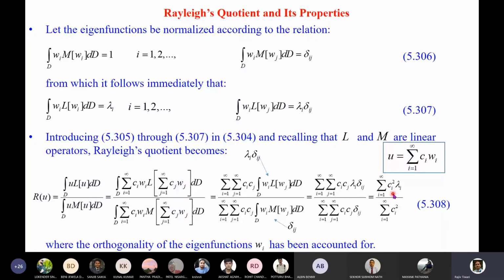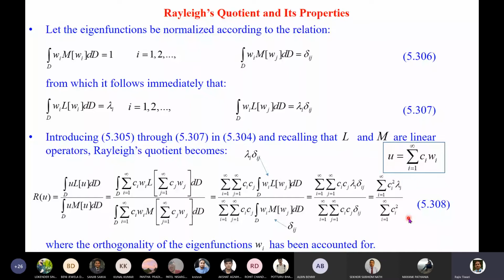square into lambda i. Now if you remember, the Rayleigh quotient for the discrete system had a similar form. The only difference was that the number of terms there was n. Here, because the continuous system has infinite degrees of freedom, we have an infinite number of terms. Otherwise, this is exactly the same form as the discrete system.